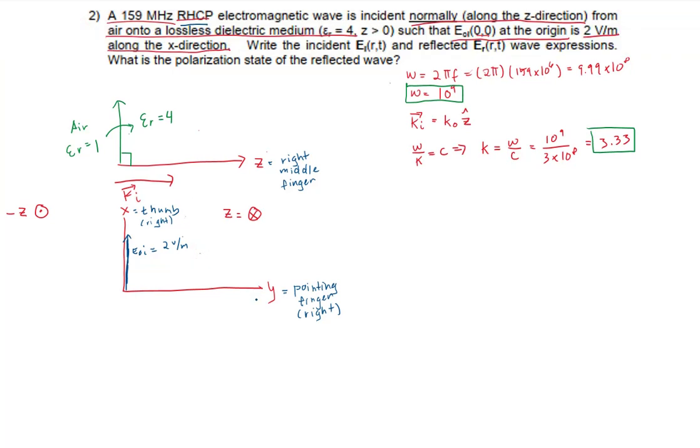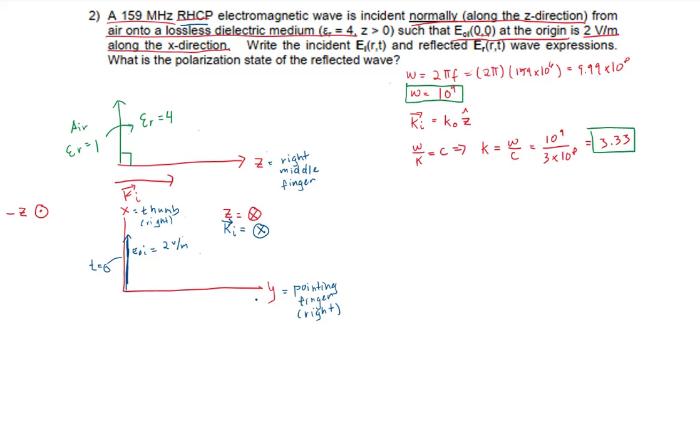Okay, so if this is our initial position, let that be our t equals 0, right? And knowing that k sub i, or direction of propagation, is right along the positive z axis, it's going into the page.